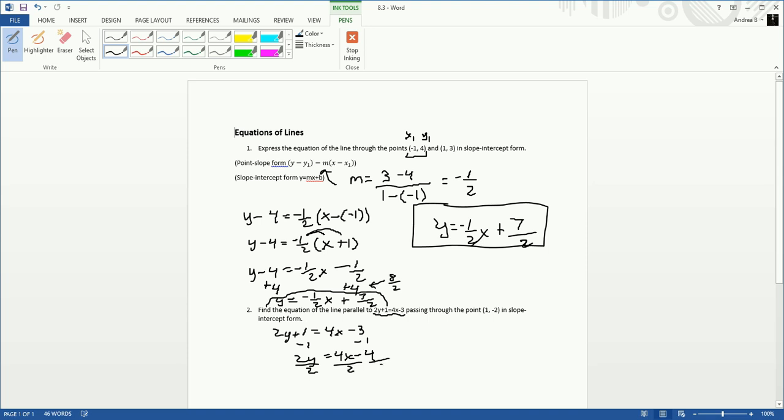Here I'm going to divide each term separately, so that we have our x term and our constants separate. So we'd have y equals 2x minus 2 for this original equation. That means our slope, our m, is equal to 2. And parallel lines have the same slope, so we want to use the same slope here.